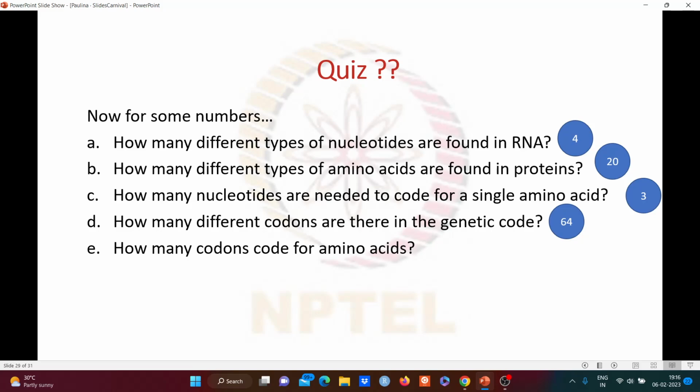Next, how many codons code for an amino acid? That's 61. The rest 3 are the stop codons that dictate the stop of synthesis for a protein sequence.